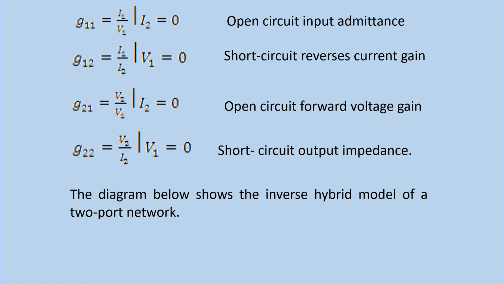And our short circuit output impedance, G22, is equals to V2 over I2, provided that your V1 equals to 0. So the diagram for the model of inverse hybrid network is shown in slide 12.